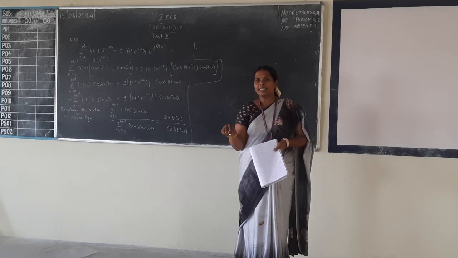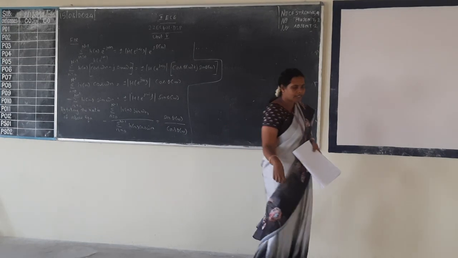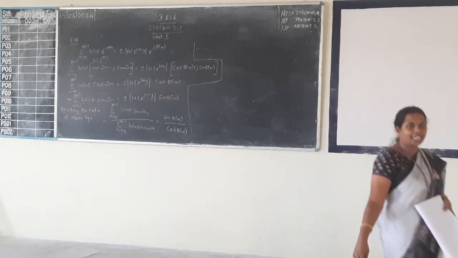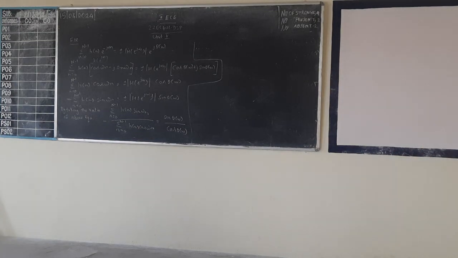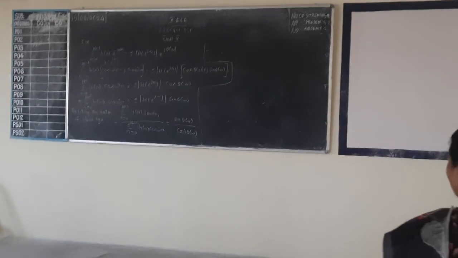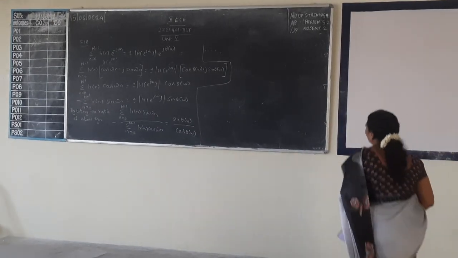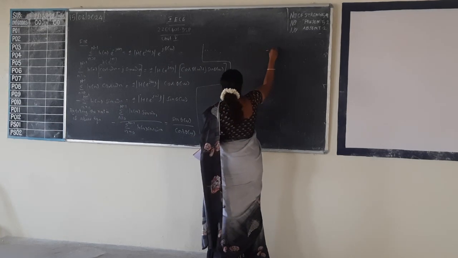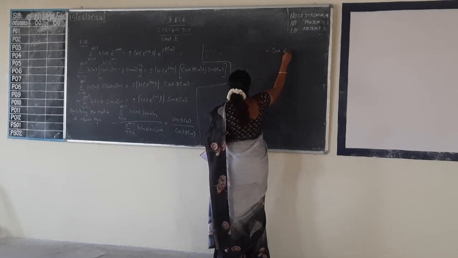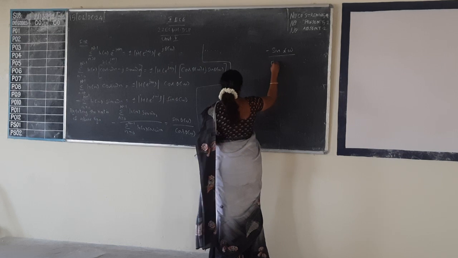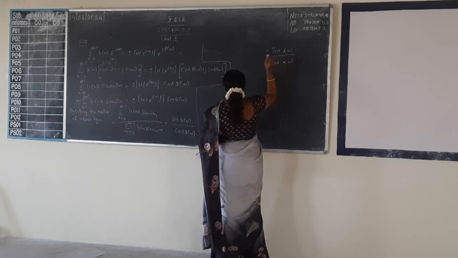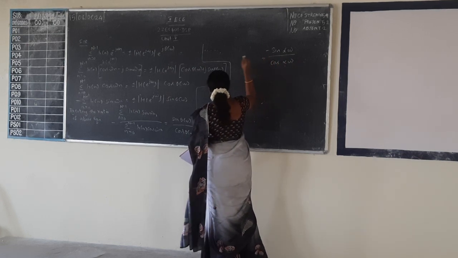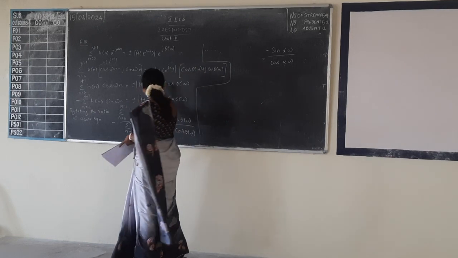So what is cos of minus theta? What is sin of minus theta? Substitute theta of omega as minus alpha omega. So you get minus sin alpha omega. Cos of minus alpha omega is plus only. So which is equal to this term.